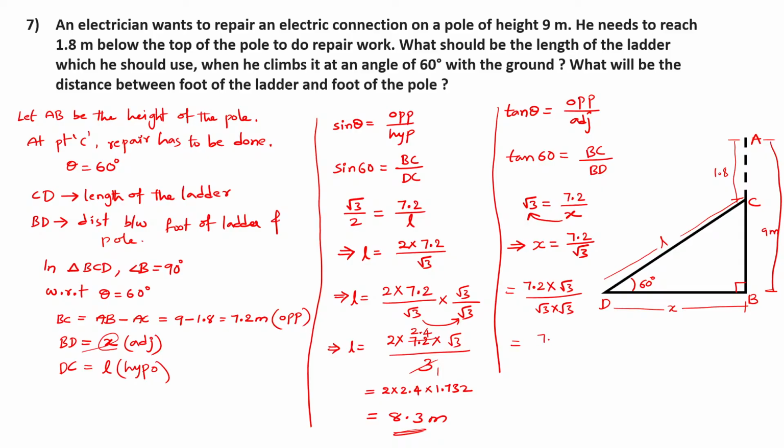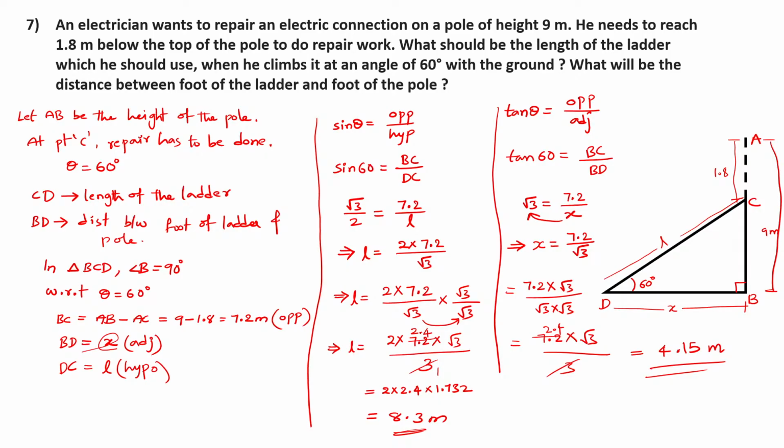So we get 7.2 into root 3 by 3. 3 table, it goes near 2.4. So when you multiply 2.4 and root 3, you get around 4.15 meters. So the distance between the foot of the ladder and the foot of the pole is 4 meters approximately. And the length of the ladder we have to use is 8 meters approximately.